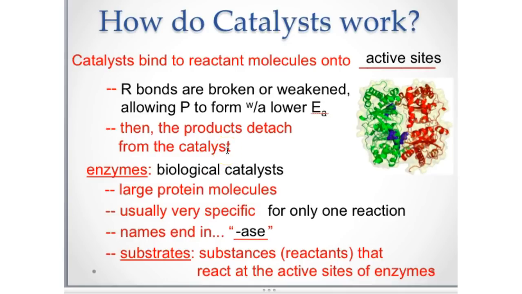The catalyst then detaches itself. It's not part of the reaction. It's not consumed. It just helps it. Specific types of catalysts include enzymes. So enzymes are biological proteins, and they usually have very, very specific functions. For example, lactase, which is an enzyme found in your tongue, helps you decompose a protein called lactose.